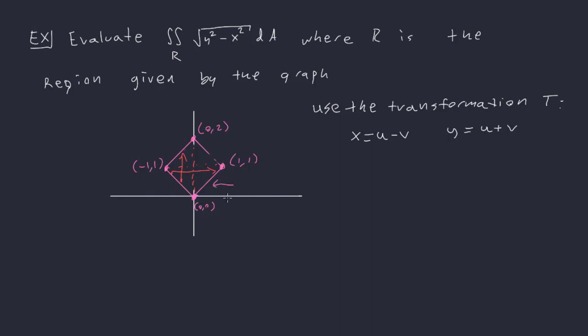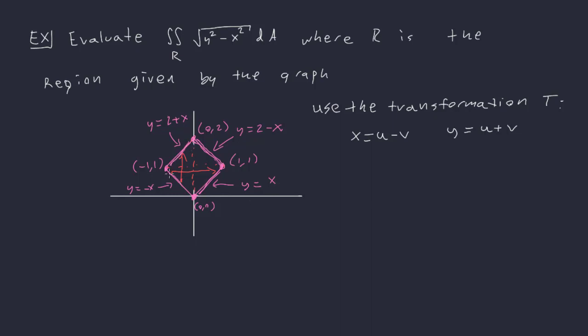Say this leg is the line y equals x. And this leg here is y equals negative x. Then this leg is y equals 2 minus x, since the y-intercept is 2. And this is the line y equals 2 plus x.